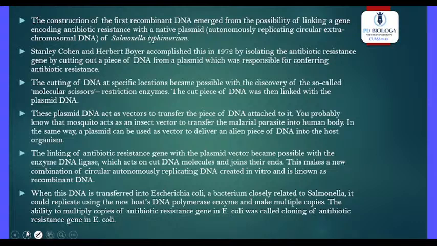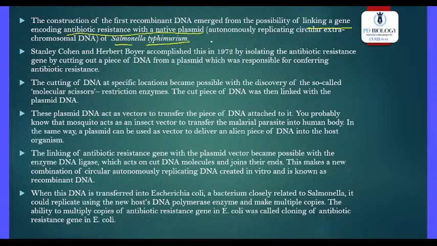So, moving to our next part, the construction of the first recombinant DNA emerged from the possibility of linking a gene encoding antibiotic resistance with the native plasmid of Salmonella typhimurium.